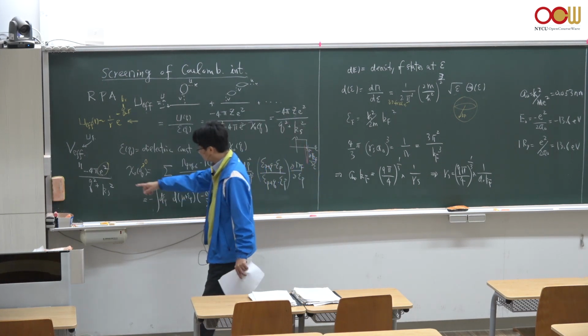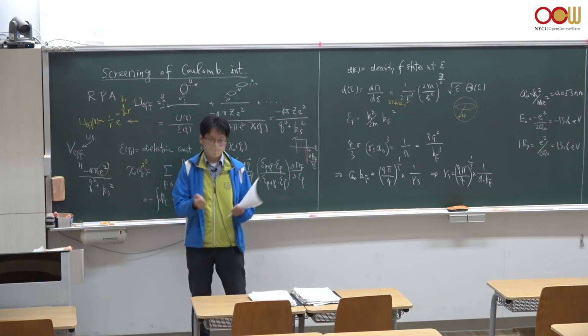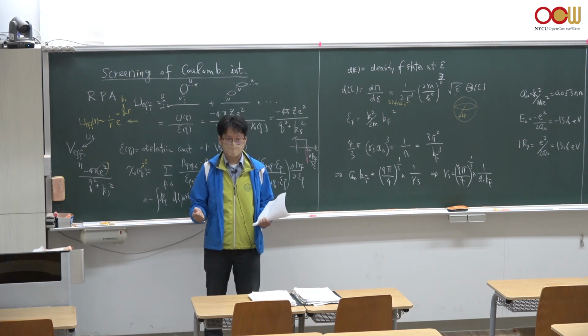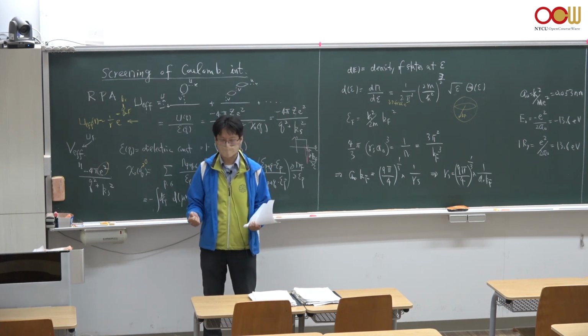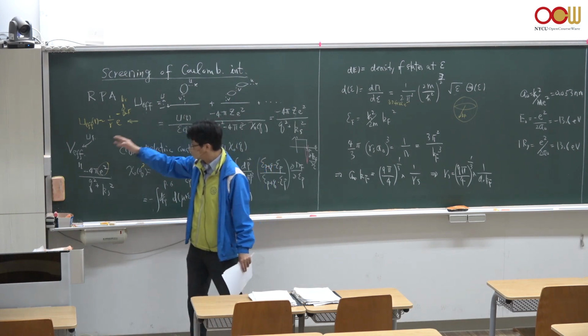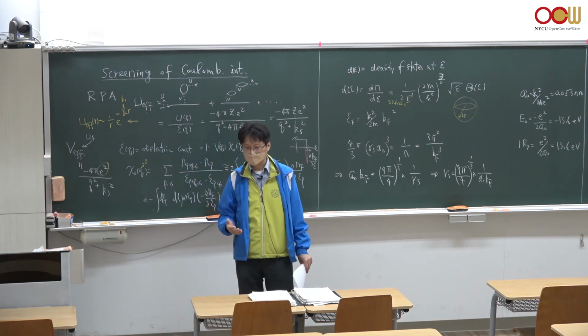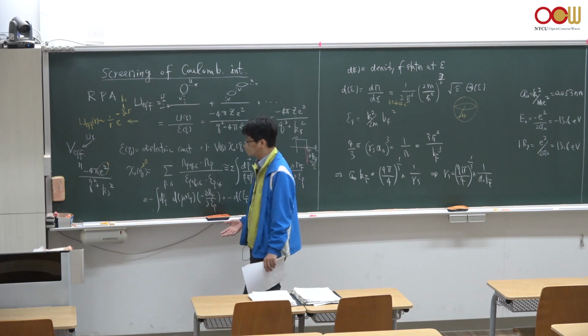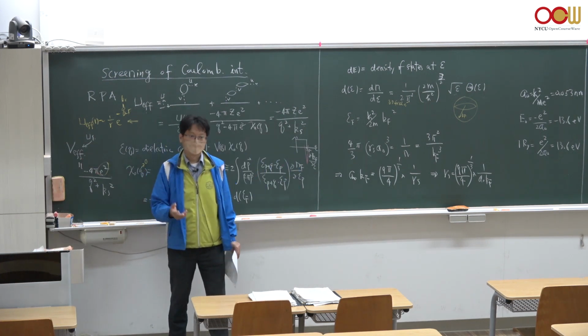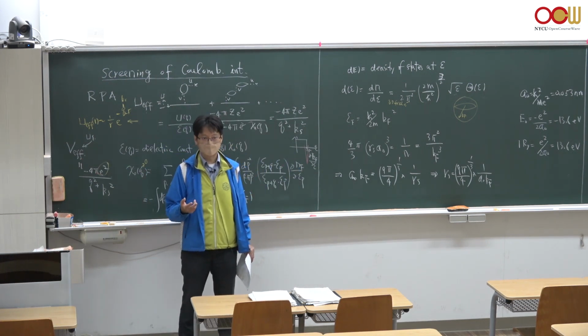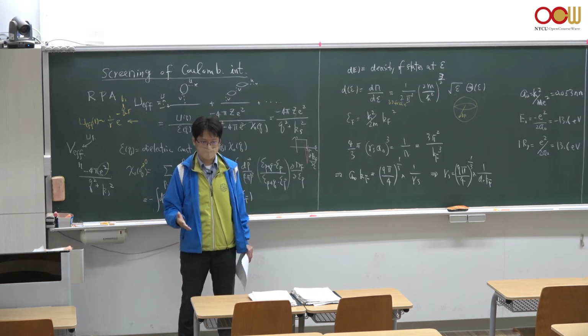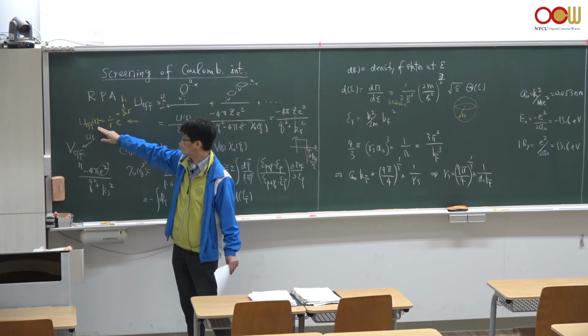But for V effective, this is purely the Coulomb interaction between 2 electrons in solids. However, the modification or correction to the bare unperturbed Coulomb interaction is exactly the same as U effective.